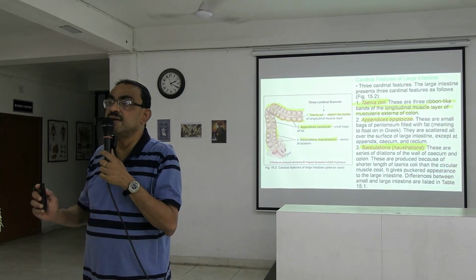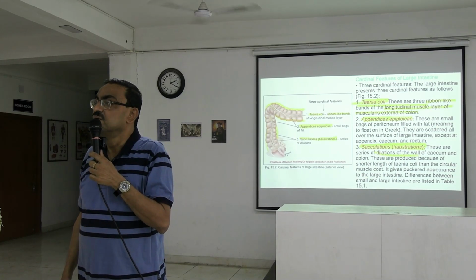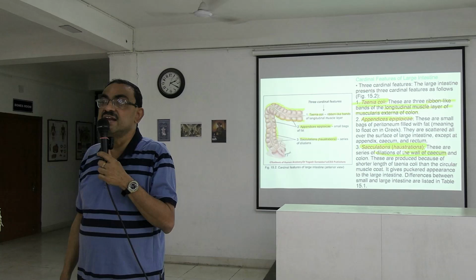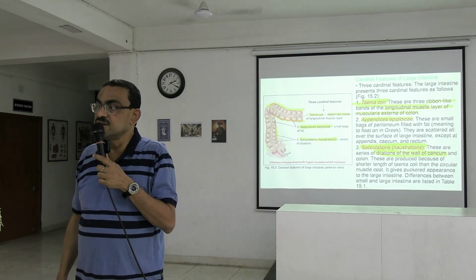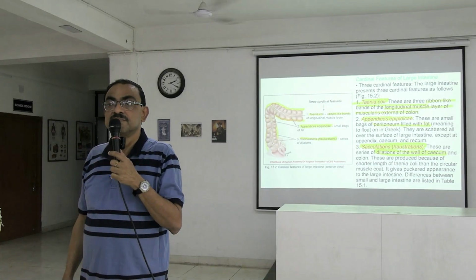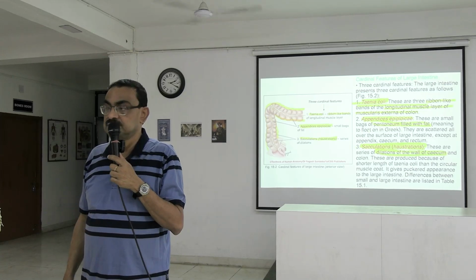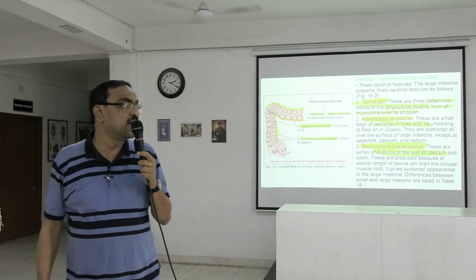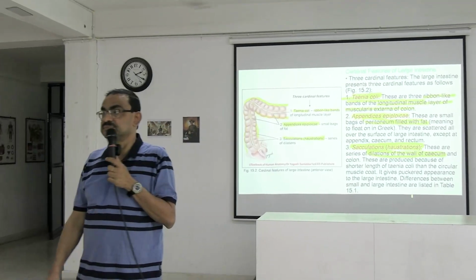So there are three cardinal features, and we can expect them throughout the large intestine, except in the rectum and anal canal. In the rectum and anal canal, we cannot find these features.